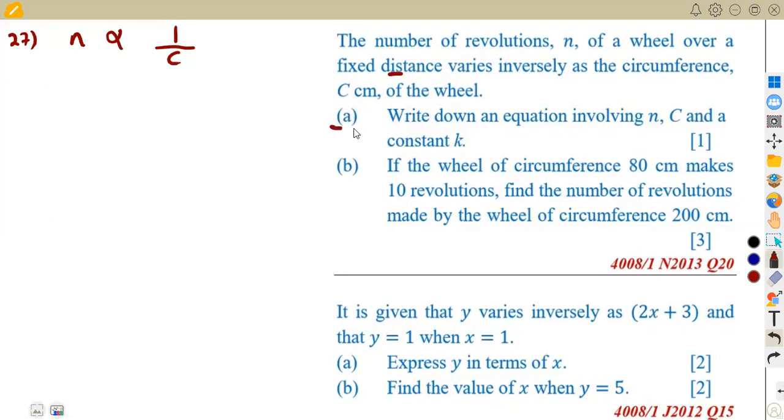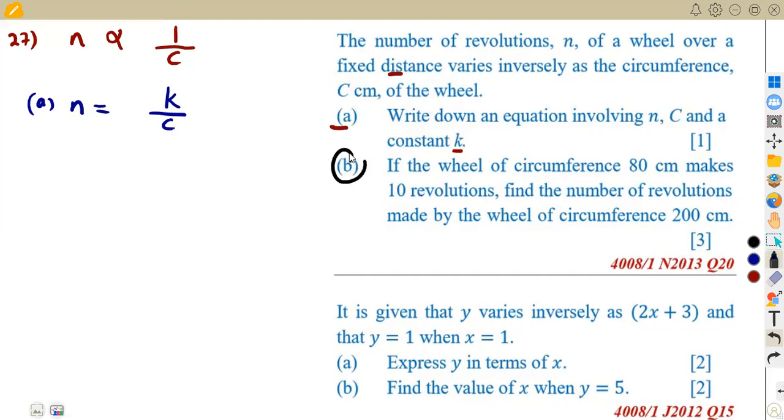So the first question is, write down an equation involving N, C, and a constant K. The constant is included in this case. So our item A is going to be N is equal to K over C. You just introduce the constant, that's it.